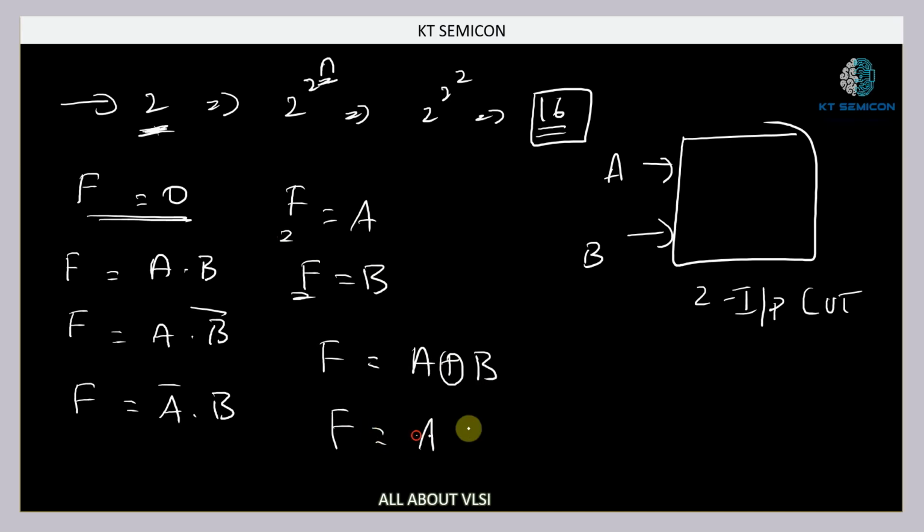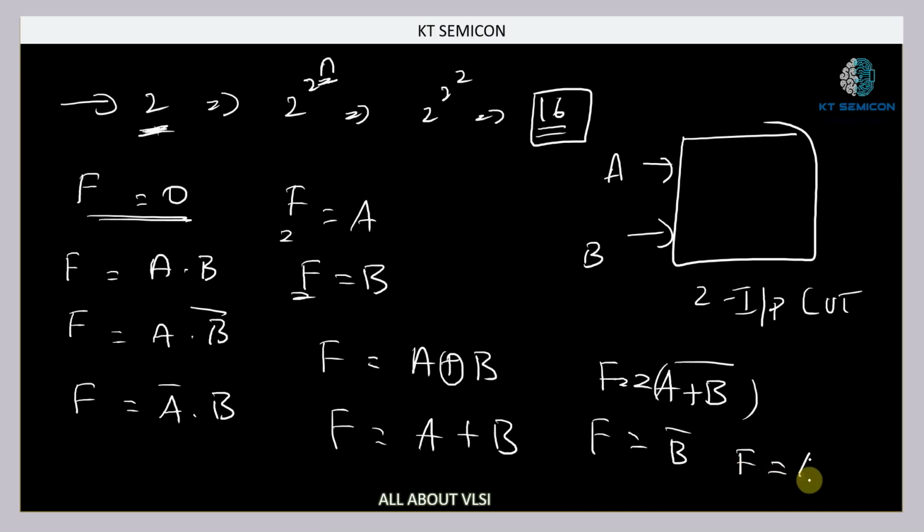I can also get f is equal to a plus b, f is equal to a plus b whole bar, f is equal to b bar, f is equal to a bar, f is equal to a bar plus b, f is equal to a b whole bar, and f is equal to 1.